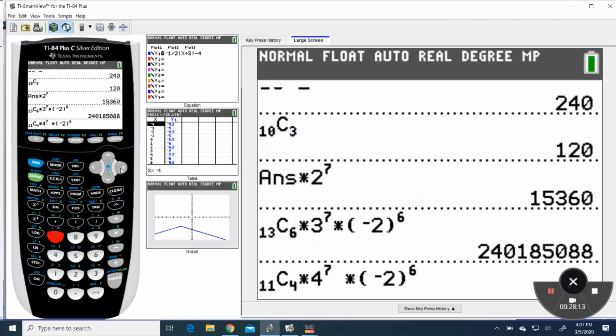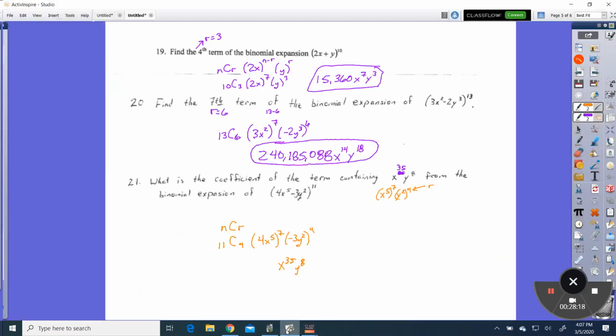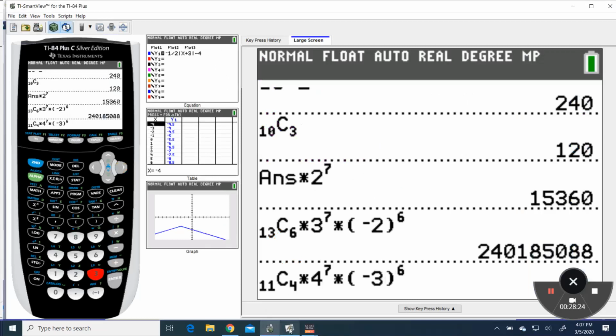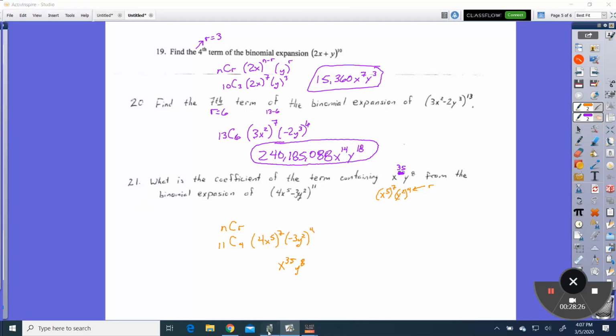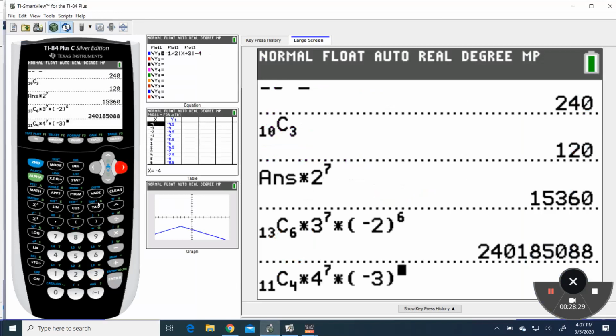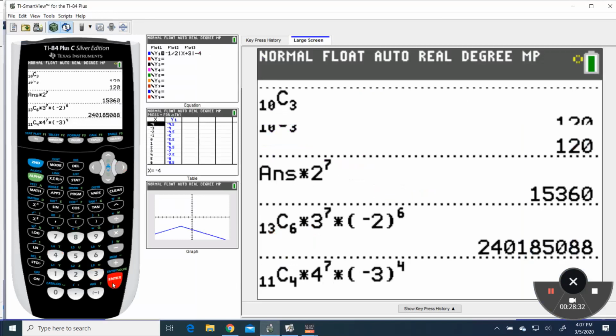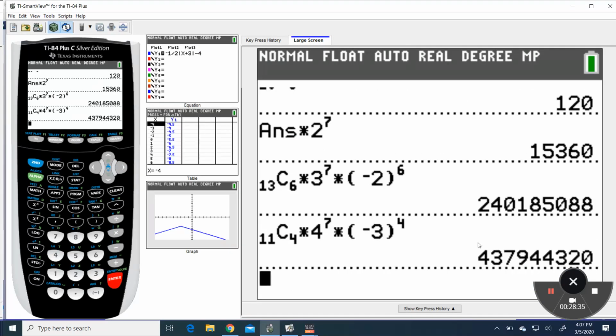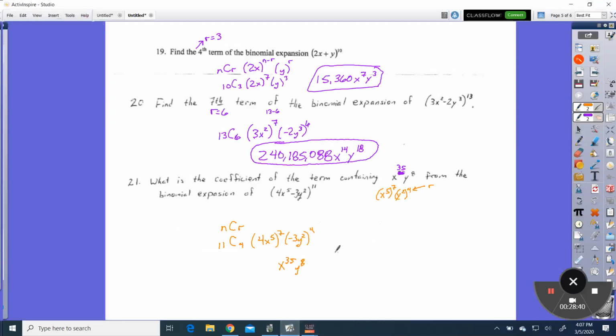So 4 to the 7th times negative 3 to the 4th. Hit enter, and it's 437,944,320. That's the coefficient in front of those variables. So that's what that one was after.